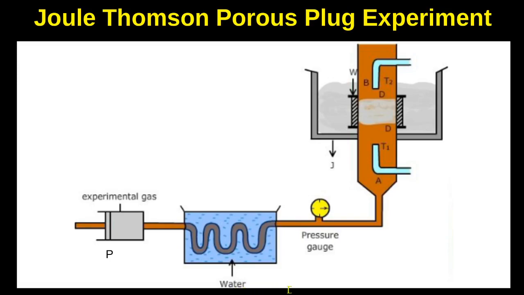It consists of the apparatus with the porous plug having two perforated brass discs, here this side D.